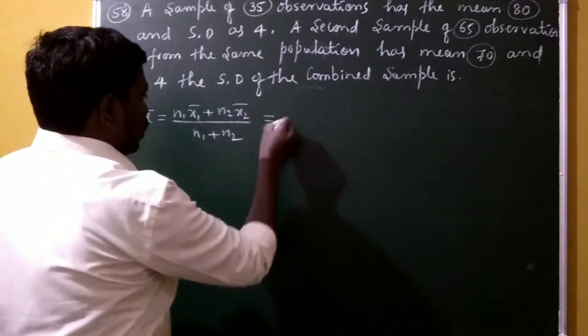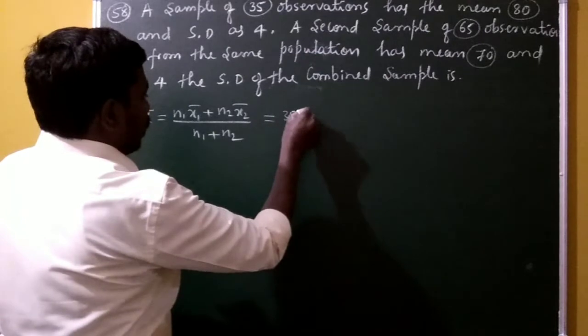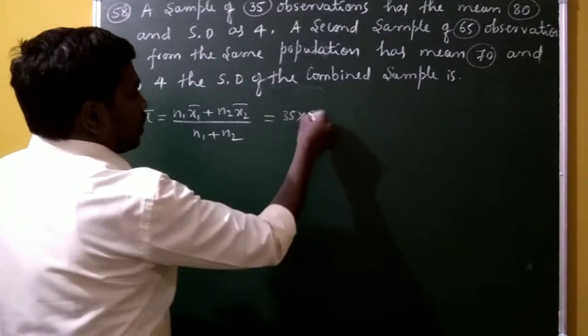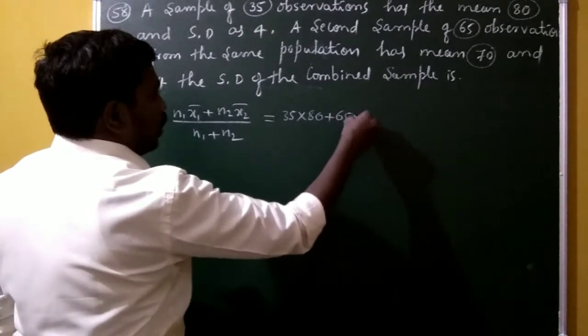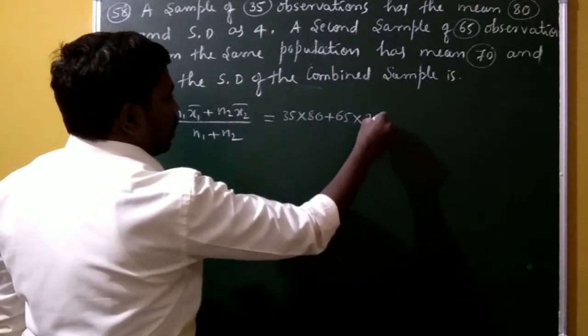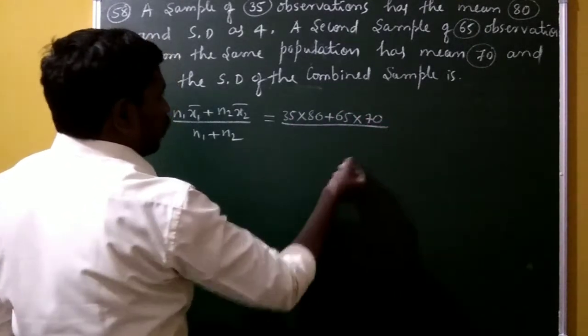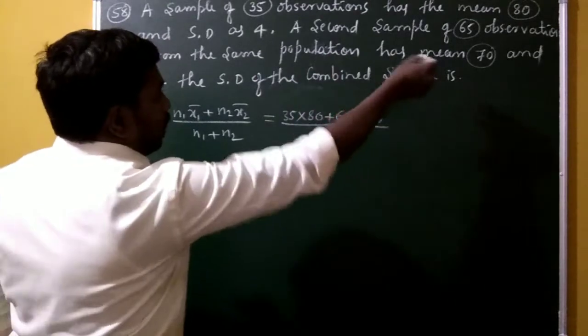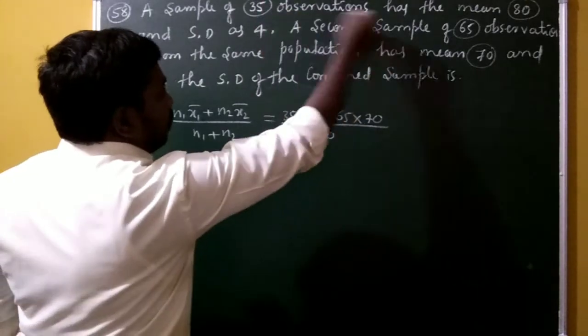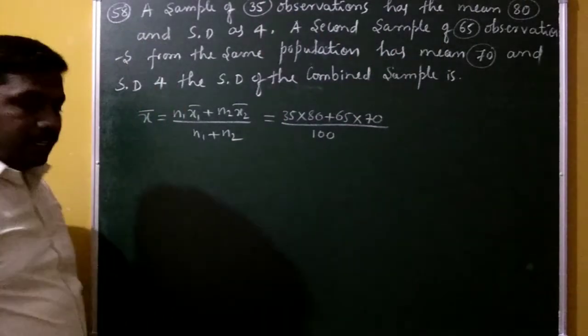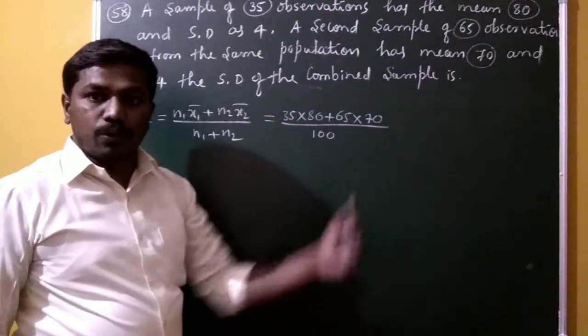So x bar is 35 into 80 plus 65 into 70 divided by n1 plus n2, which is 35 plus 65, that is 100. From this you get x bar.